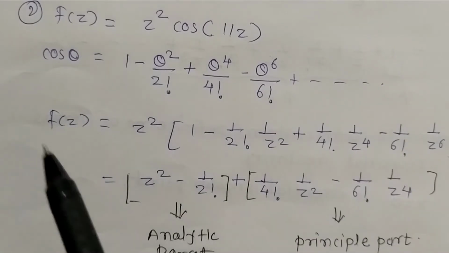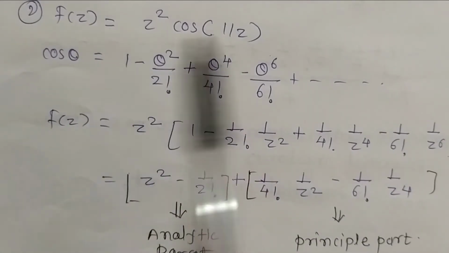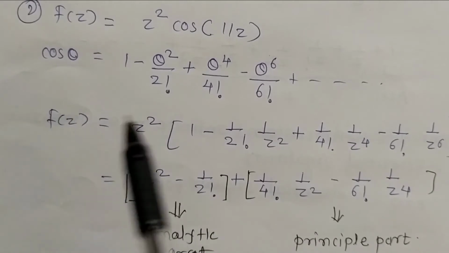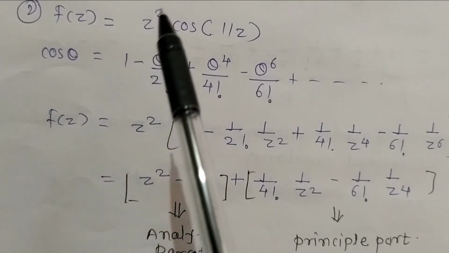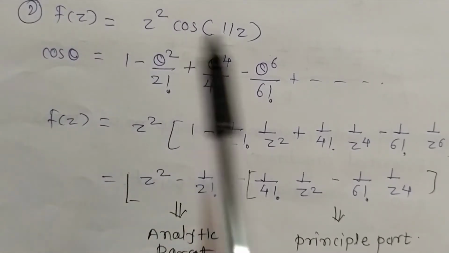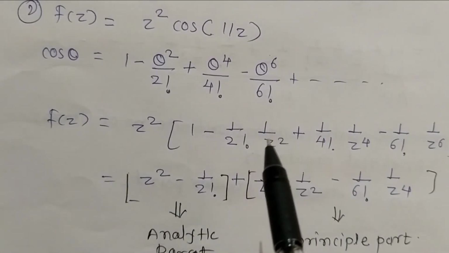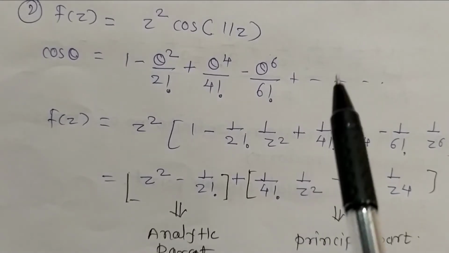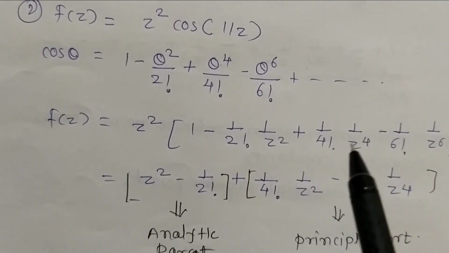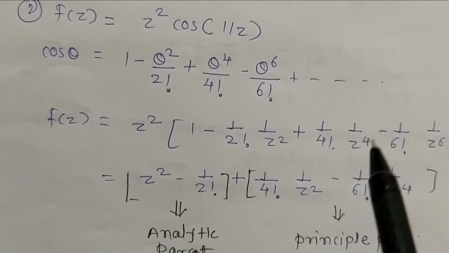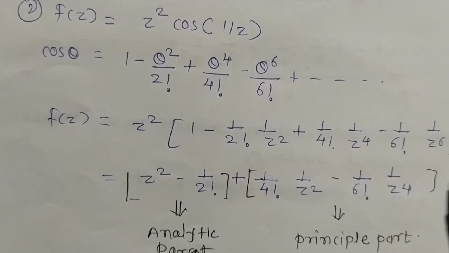Then here, cos 1 by z. So f of z is equal to z raised to 2 times cos 1 by z, which is z square times (1 minus 1 upon 2 factorial times 1 by z square plus 1 upon 4 factorial times 1 by z raised to 4 minus 1 upon 6 factorial times 1 upon z raised to 6).